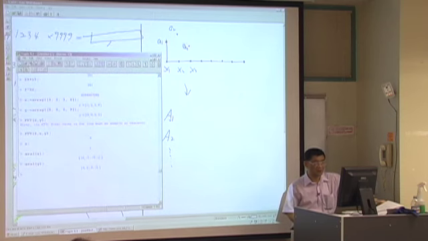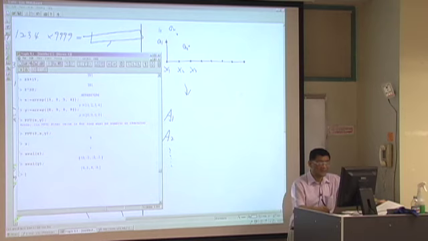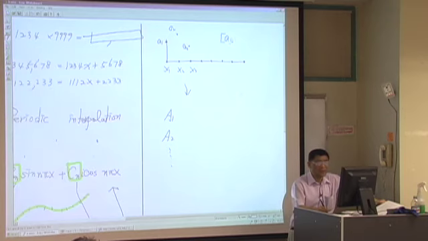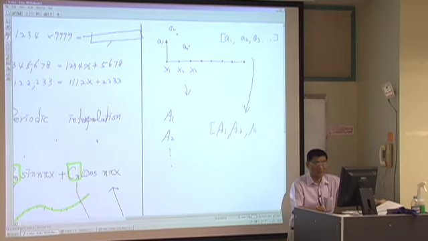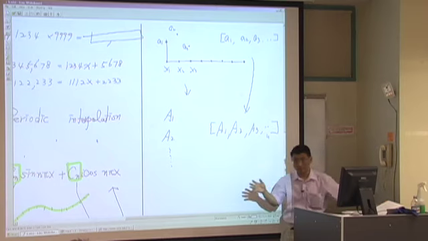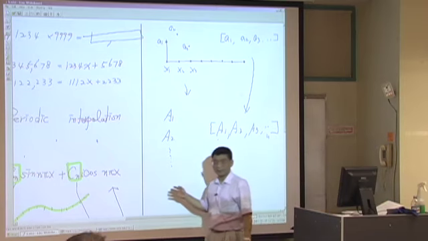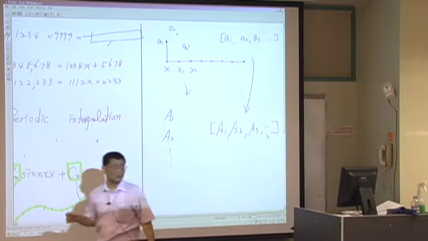What we do is converting this set of numbers, A1, A2, A3, into this kind of set, capital A1, A2, A3, in complex numbers.